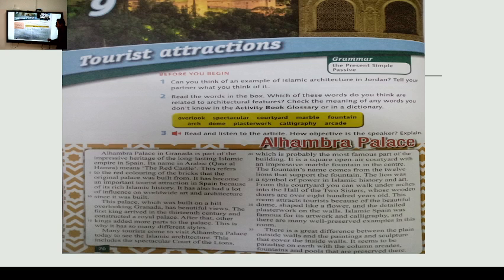From this courtyard, you can walk under arches into the Hall of the Two Sisters, whose wooden doors are over 800 years old. That's why we have a history, not any kind of history, but Islamic history.